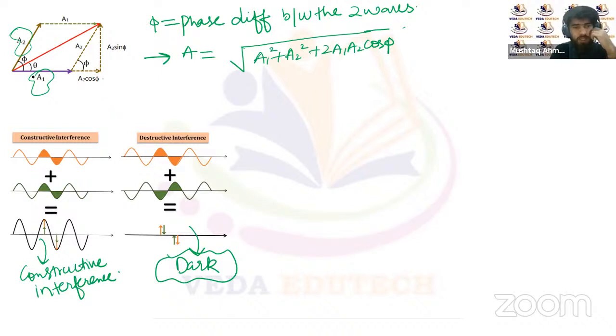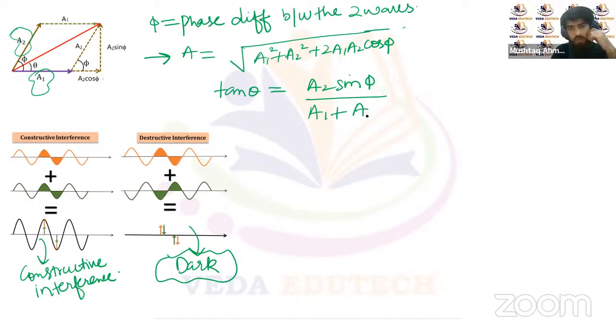Similarly, the total phase of this resultant wave is given by tan theta equals A2 sin phi upon A1 plus A2 cos phi.